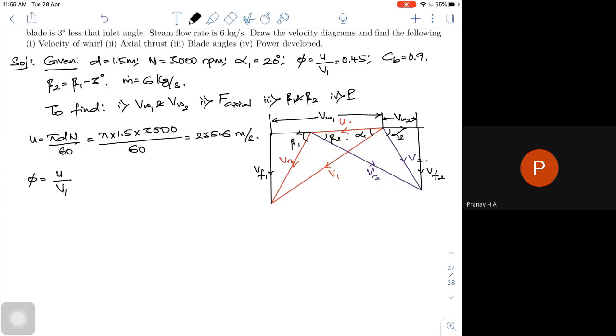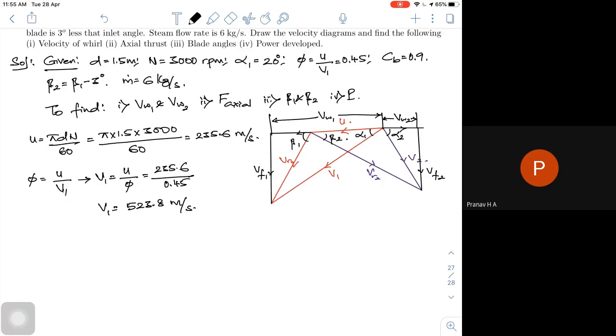So v1 is equal to u by phi, 235.56 divided by 0.45. So V1, if I substitute, I'll be getting around 523.8 meters per second.